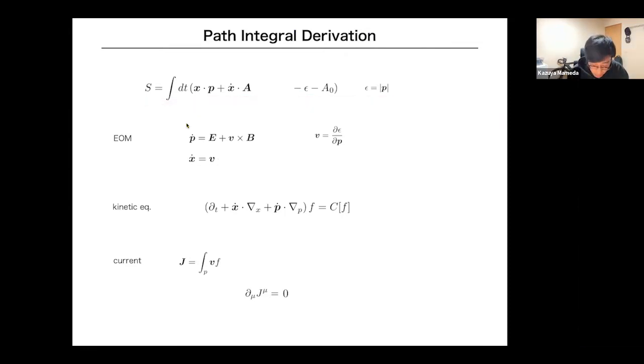Here, x is a coordinate of the particle, p is a momentum, and A is a gauge field. From this action, you can easily derive the equation of motion for this particle. Then we get a Lorentz force like this, and the velocity is given in this form.